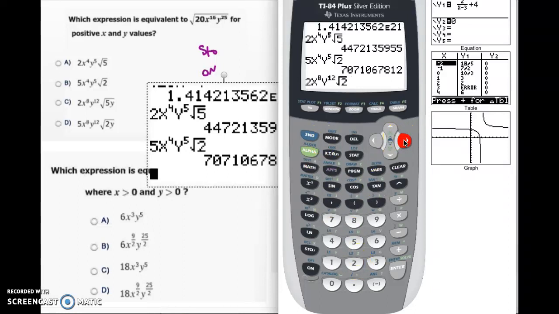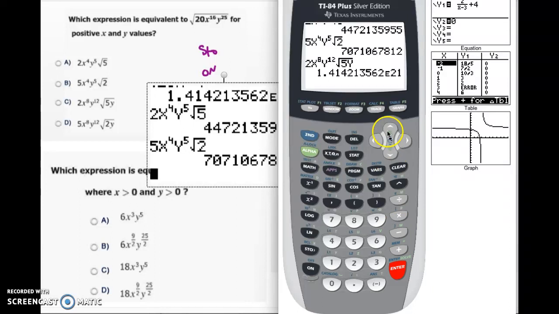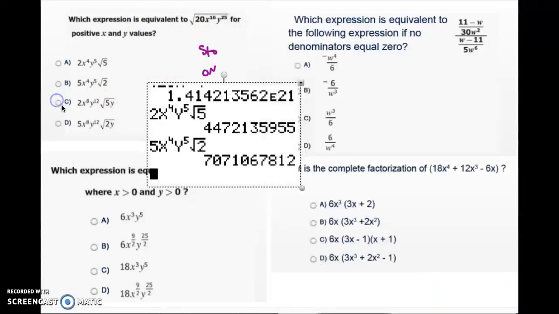And then with the radical, we have a 5 and alpha y. And there is the answer that works. All right, now, it never hurts to just check this one also, but if you plug this one in, it's not going to work. So without doing any math and only using the store function on my calculator, I just figured out that the correct answer is C.